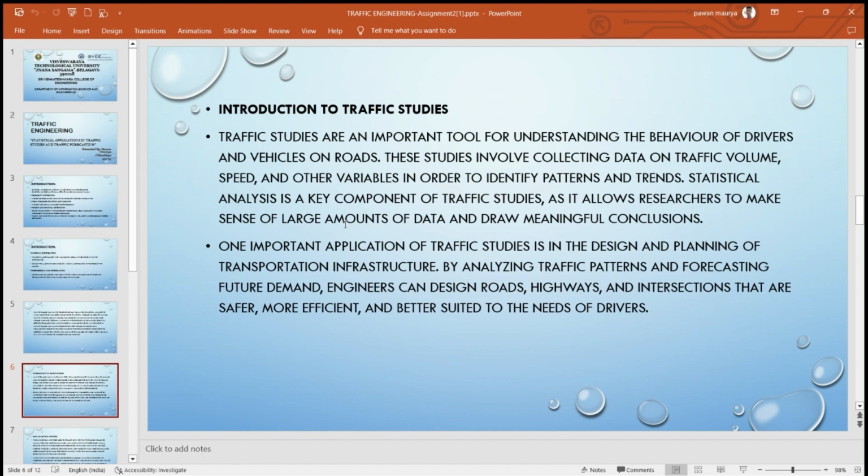One important application of traffic studies is in the design and planning of transportation infrastructure. By analyzing traffic patterns and forecasting future demands, engineers can design roads, highways, and intersections that are safer, more efficient, and better suited to the needs of drivers.